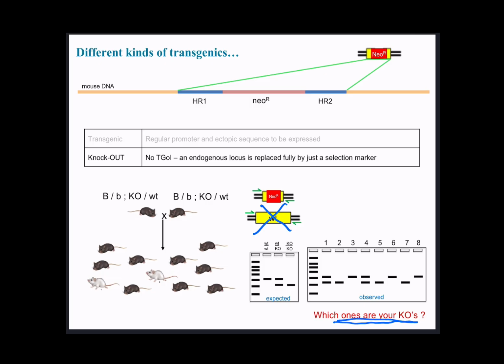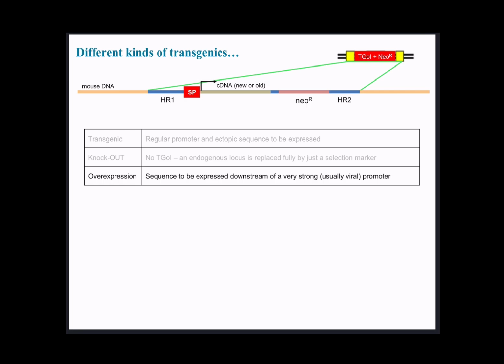And in this case, assuming that the neomycin resistance cassette would make the original gene shorter than it was, you would be looking for those animals in which you only get the small PCR product, indicating that the original gene is gone from the genome.